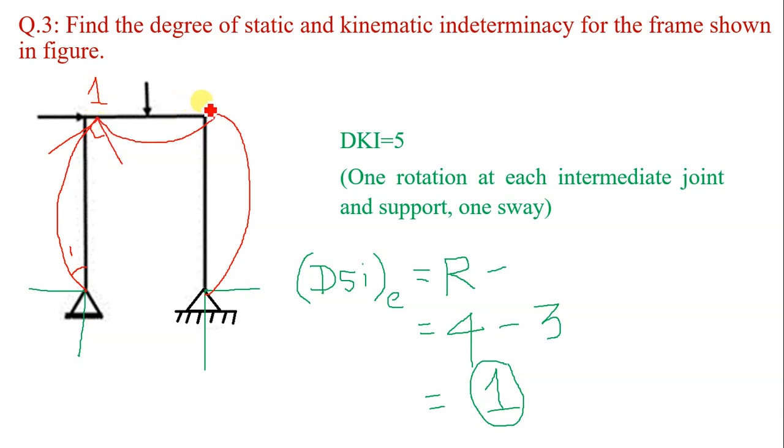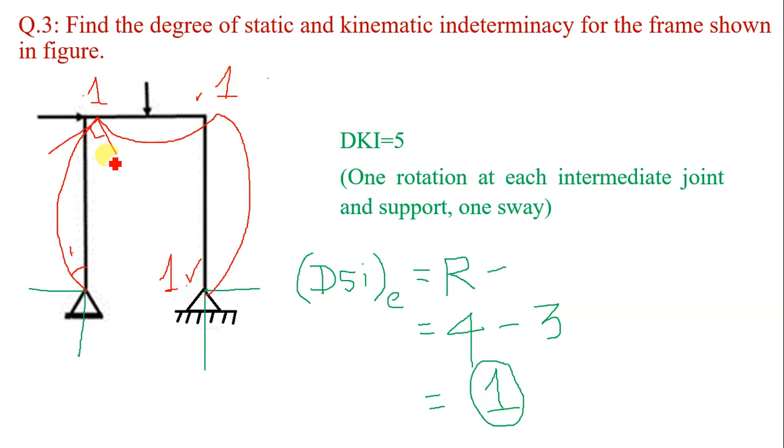So one rotation, 1 plus 1, 2. Again at this joint, there will be one rotation. These are moment resisting, rigid joints. So one rotation, the joint rotates as a whole, and one rotation at this support. So 1, 2, 3 and 4.